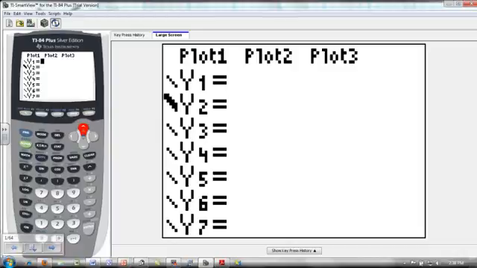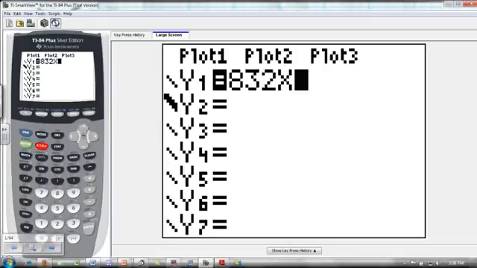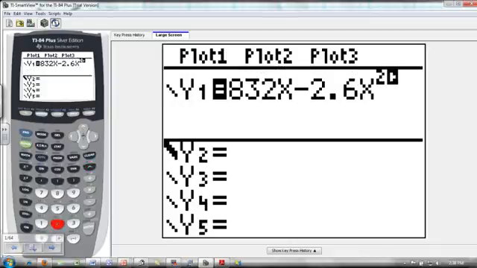So we're shooting a bullet straight up from the moon surface, and its position would be 832t, where x is going to be our t in this case, minus 2.6 x squared, which is like t squared.